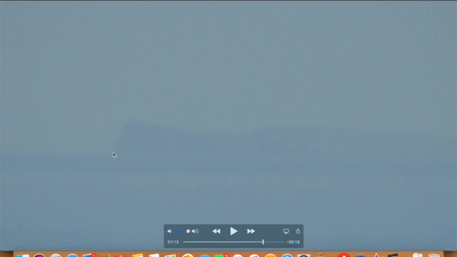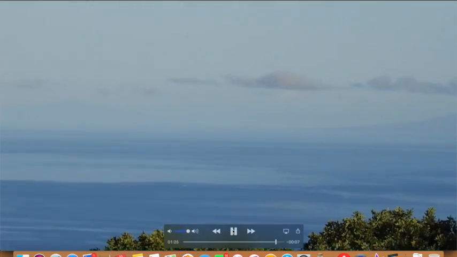You see that difference? It's kind of not so clear, but it all depends on your camera and your eye, on your phone or whatever screen you're watching it on.